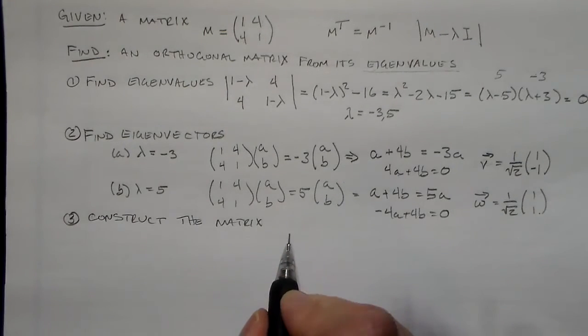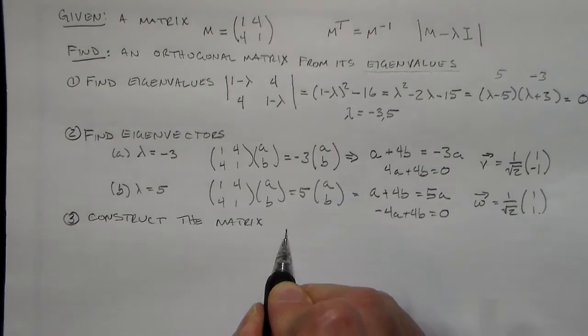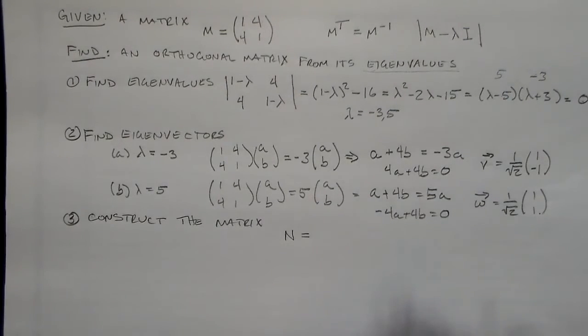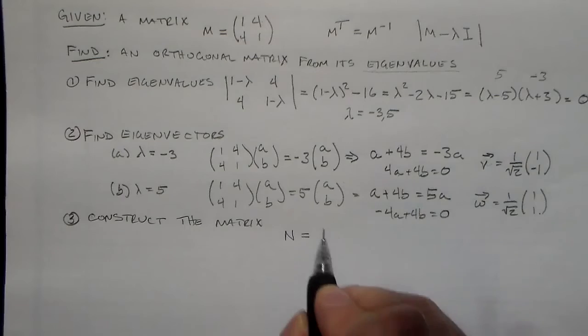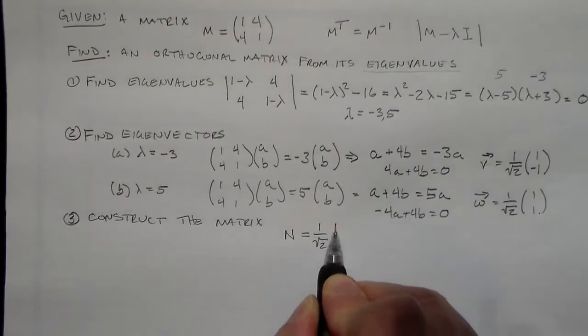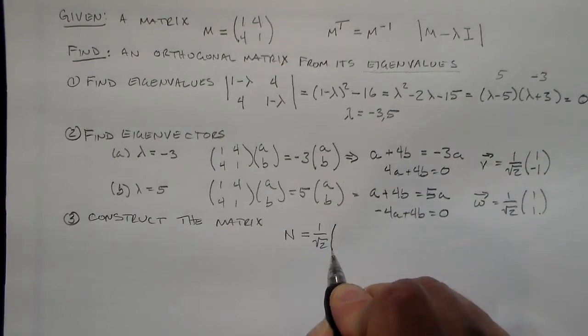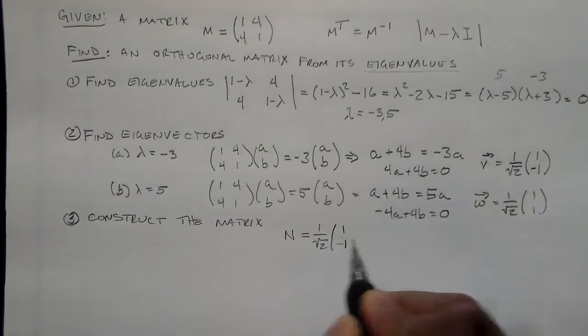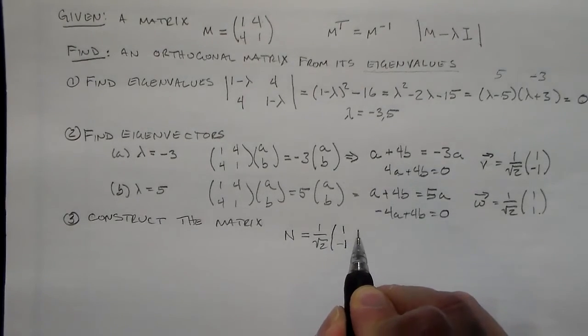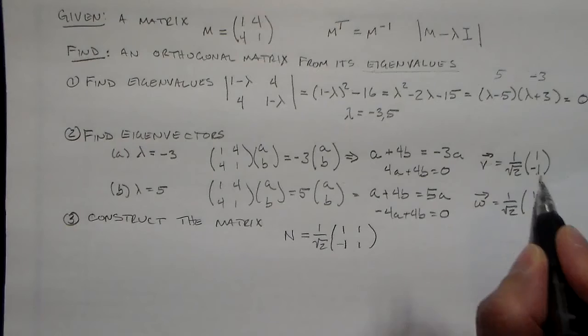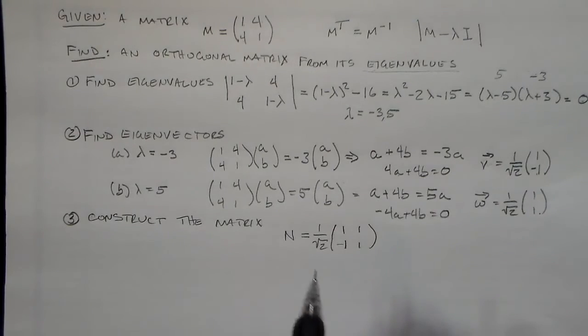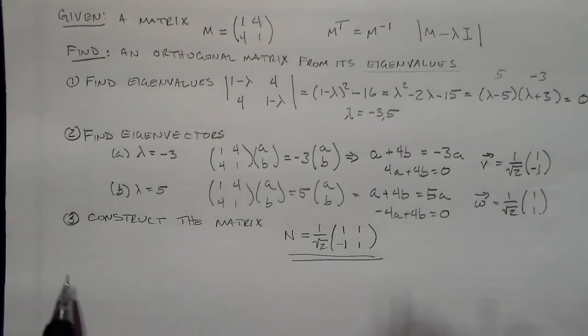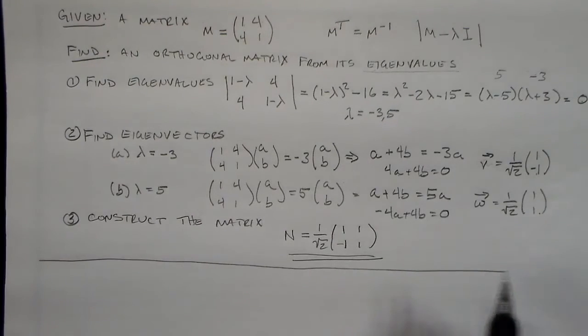Let's just call it N, and we use 1 over the square root of 2 times 1, minus 1 and 1, 1, V and W. So that's the matrix. The only thing we might want to do is actually check. It's usually good to check something.